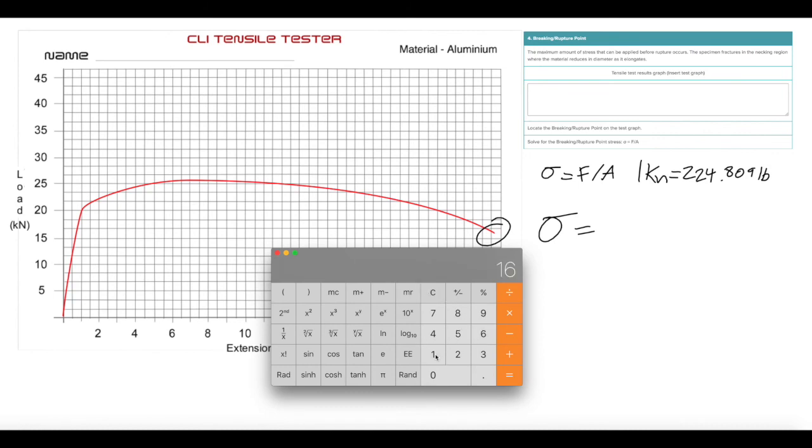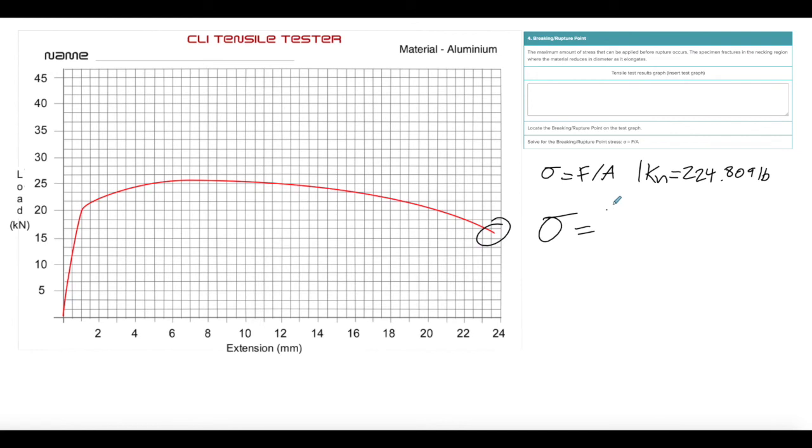So 16 times 224.809, and I get 3,596.944 pounds.